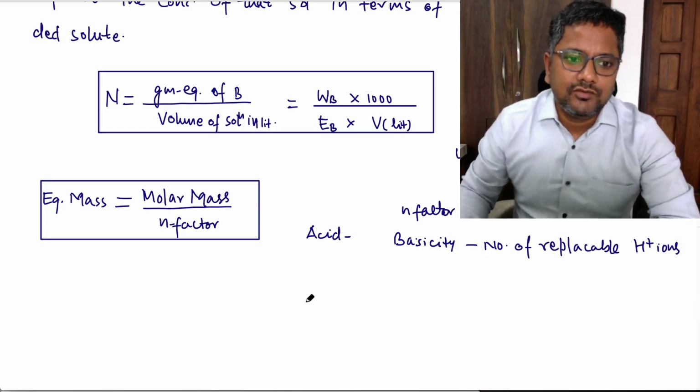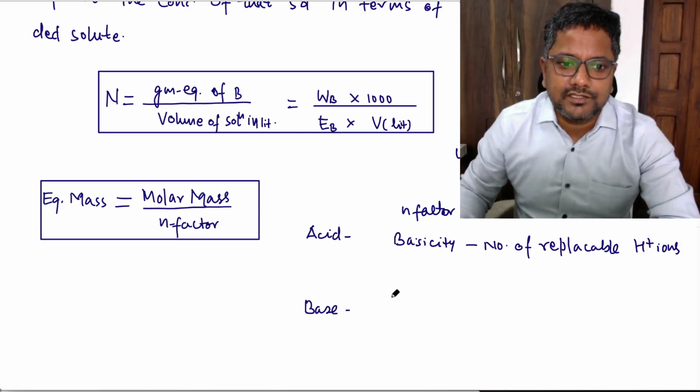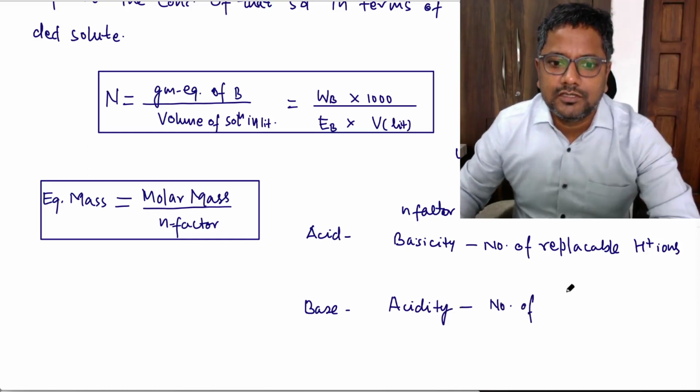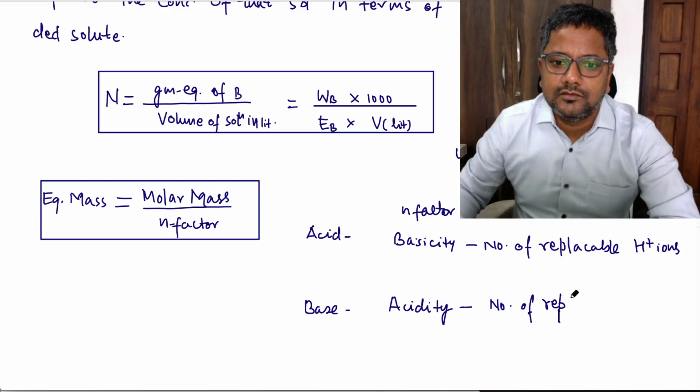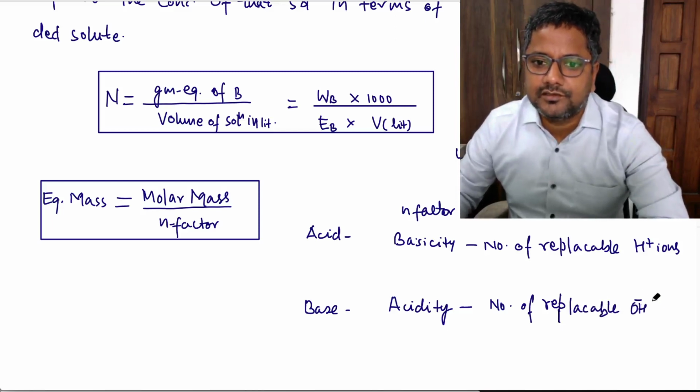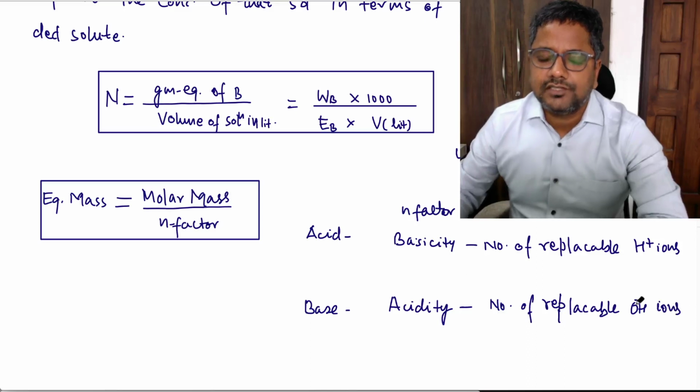For base, this is acidity, which means the number of replaceable OH negative ions, right?